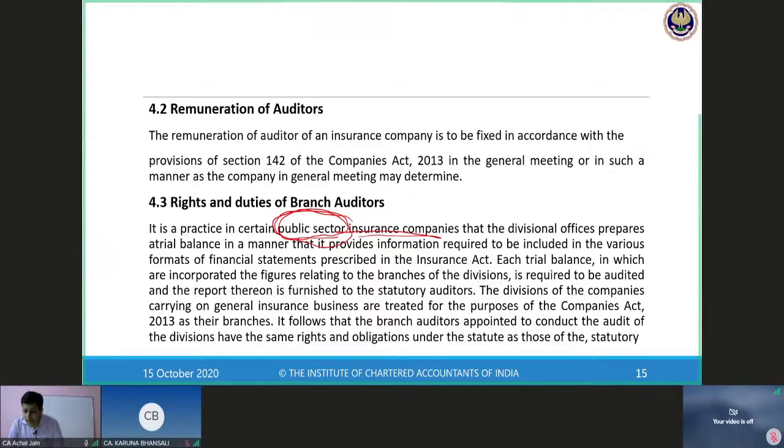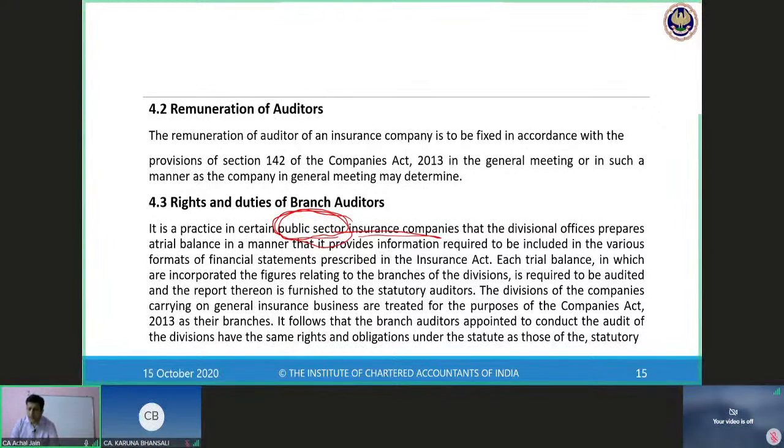It's a practice in certain public sector insurance companies that the divisional offices prepare a trial balance in the manner that it provides information required to be included in various formats of financial statements. Each trial balance, in which the figures related to branches of the divisions are incorporated, is required to be audited, and the report thereon is furnished to the statutory auditors.